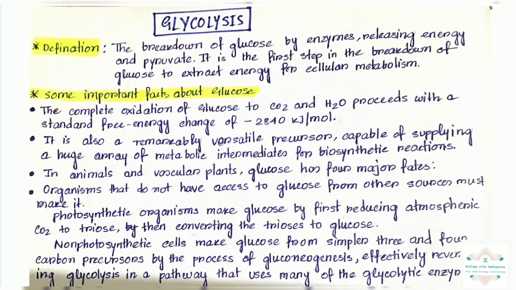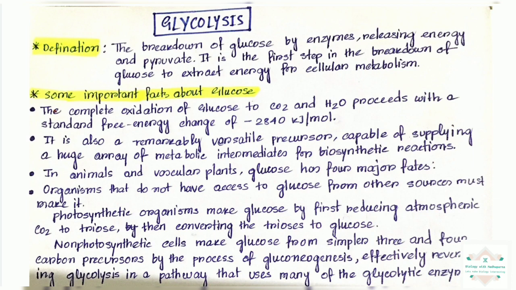So, what is glycolysis? Glycolysis is the breakdown of glucose by enzymes, releasing energy and pyruvate. It is the first step in the breakdown of glucose to extract energy for cellular metabolism. So, why is it the first step?